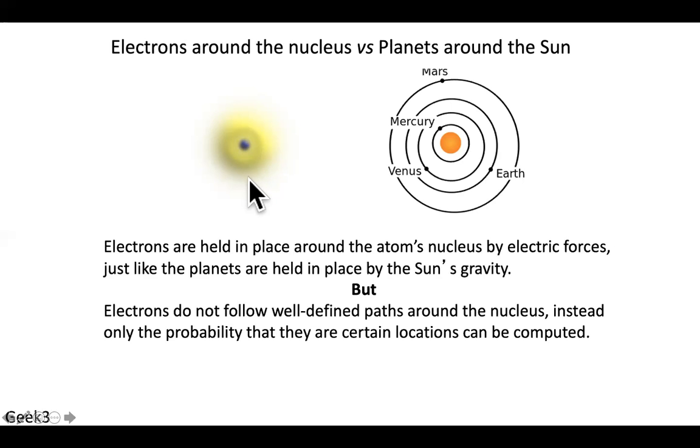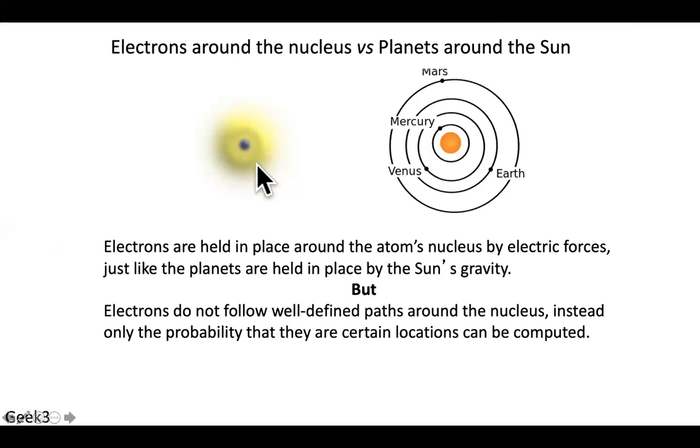The electrons, since they are quantum mechanical things, and we've already seen evidence for that from the fact they undergo double-slit diffraction, that fundamentally doesn't work. They do not follow a well-defined path around a nucleus.